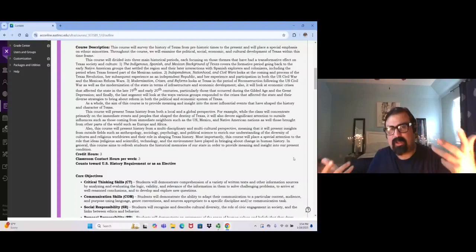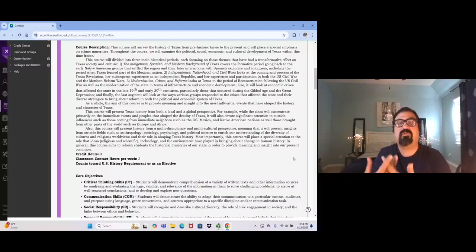Again, that was what Reconstruction entailed. And we see that being played out in every single state of the ex-Confederacy, including Texas.